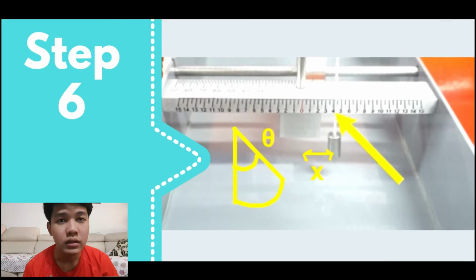Step number 6, the horizontal weight is shifted 10 mm to the right, and the tilt angle of the thread is being recorded. As for this, you can record the data inside the table provided.